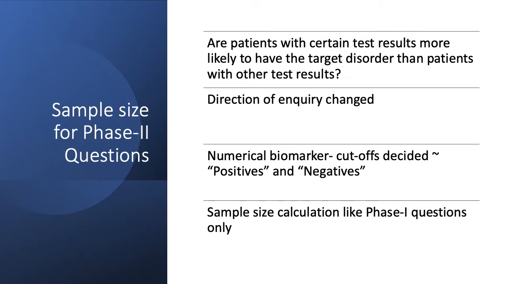From phase 1 research question studies, we have found a feasible biomarker and now we say that those with that biomarker present are test positive and those in whom that biomarker is absent are test negative, and we ask the question: how many of these test positive also have disease and how many of the test negative also have disease.